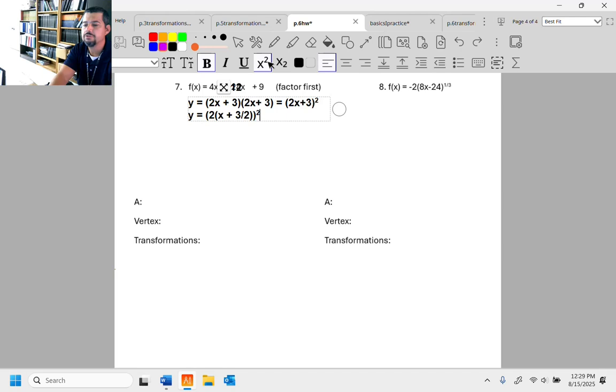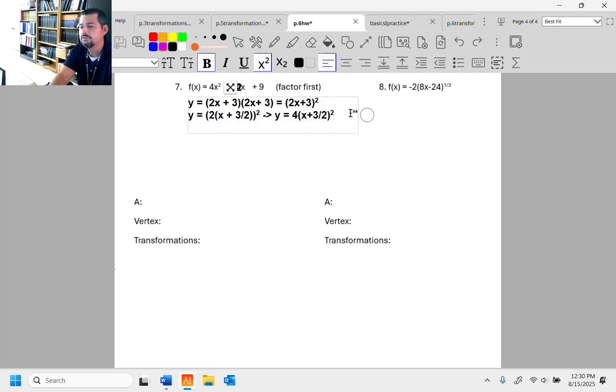Now, as I've shown numerous times in class, we're going to distribute that exponent of 2, it's going to go here, and it's going to go here. If you square a 2, you get a 4, and this is x plus 3 halves, quantity squared. We don't do anything else with it because it's in the form now. And I know, at this point in the year, I know who you are.